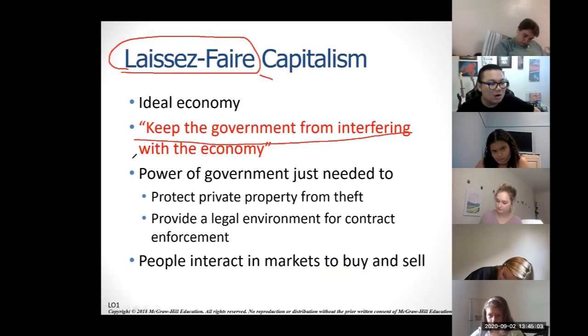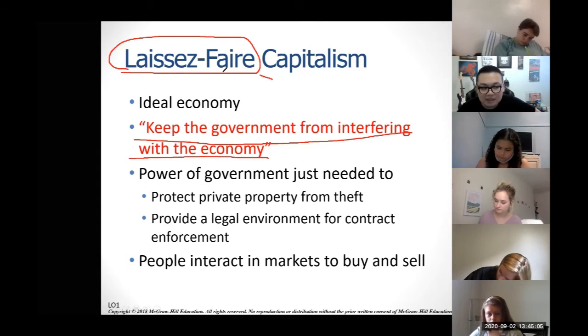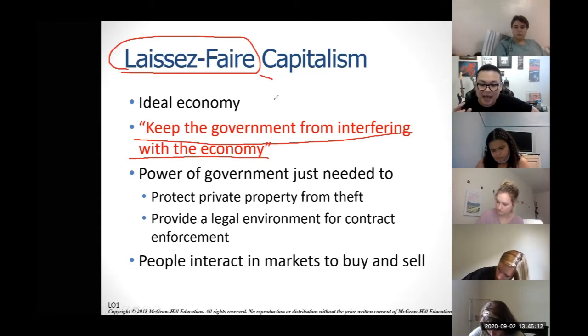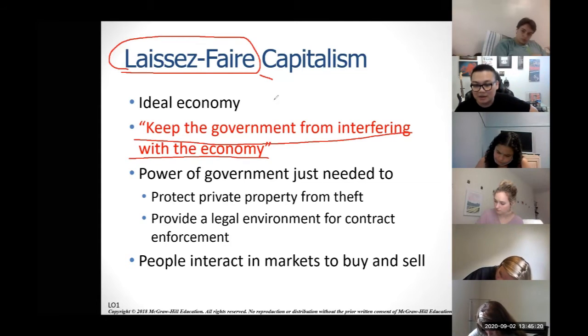So you do need to know the characteristics of laissez-faire capitalism. Whenever you see this, it means the government does not control the market at all. The government cannot put tax policy or those things on the economy. Everything in the economy, the government has no control.